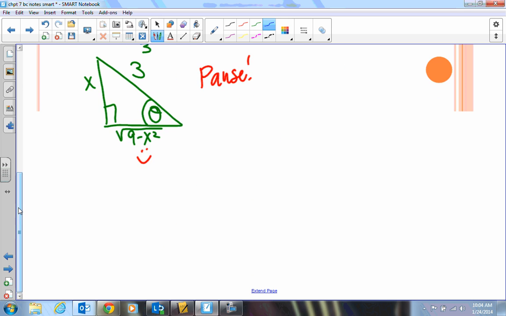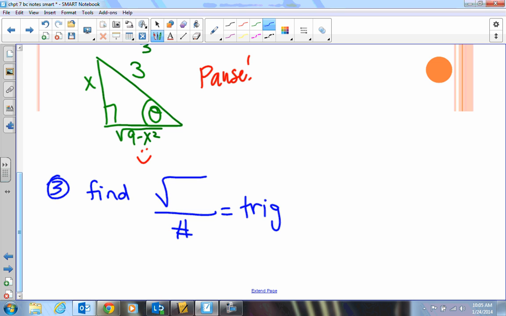Step 3. Find your radical over the number equals your trig theta from the triangle. Okay, so what does that mean? You have to figure out what that's going to be.